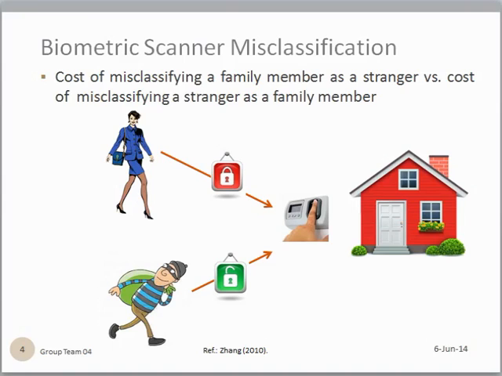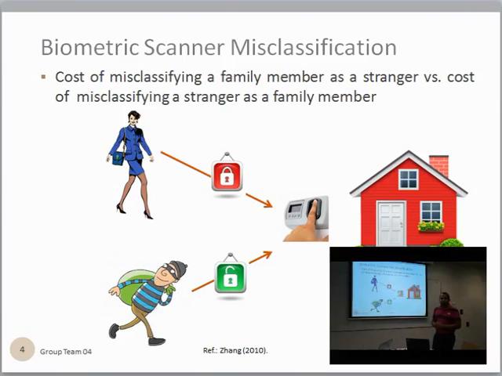The classifier would be able to detect a family member and open the door for them. When the classifier rejects or does not recognize the family member, then it does not open the door. The family member may get annoyed. Now this little annoyance is the cost.